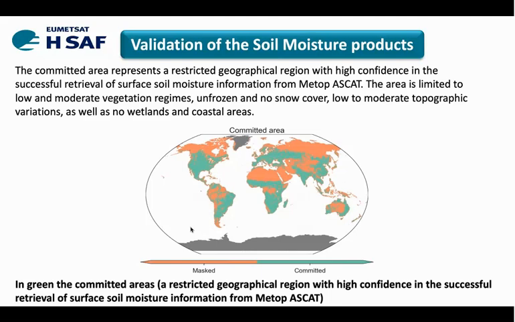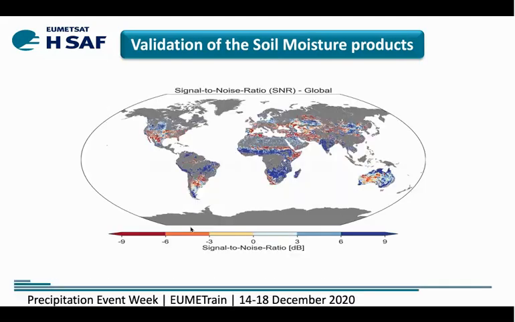So we provide, as I will show after, results of the validation over all the area, but we say which are the committed areas, so the area where we are confident that the satellite product can really provide useful information.